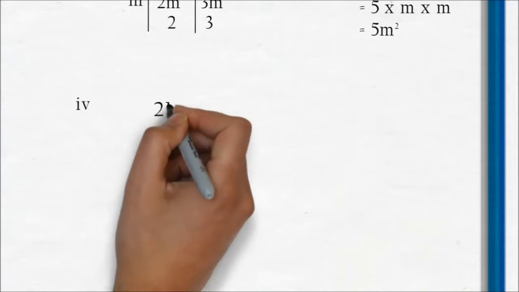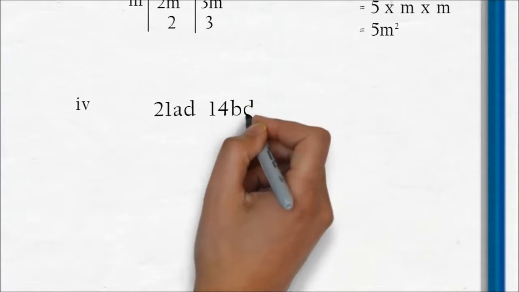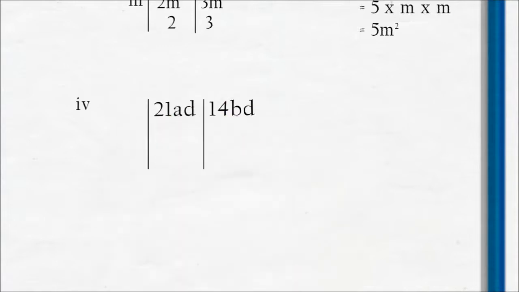Alright, so in number 4, we have 21AD and 14BD. What is common that can go into 21 and 14? That will be 7. 7 will go into 21, and we're left with 3AD. 7 will go into 14BD, and we're left with 2BD. Now, what is common to both 3AD and 2BD?